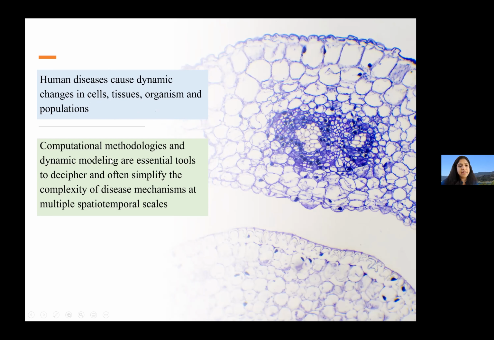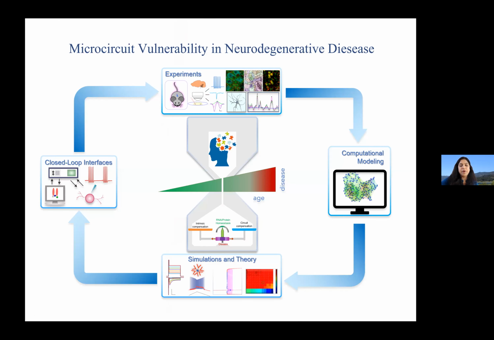And it is not really new to this group that computational methodologies and dynamic modeling are essential tools to decipher and even simplify the complexity of these disease mechanisms, which happen at multiple spatiotemporal scales. Especially in the type of disease that I study, these types of methodologies are not that much applied, at least at the resolution at which we want to understand the basic biology.